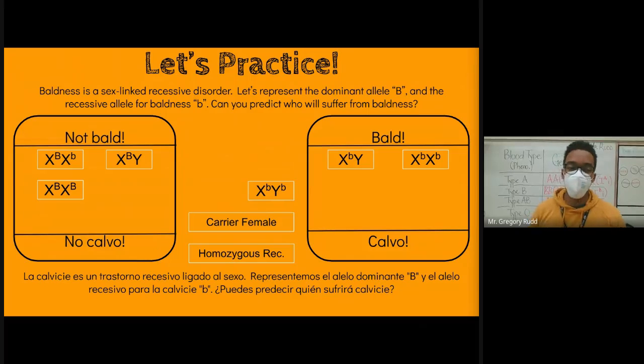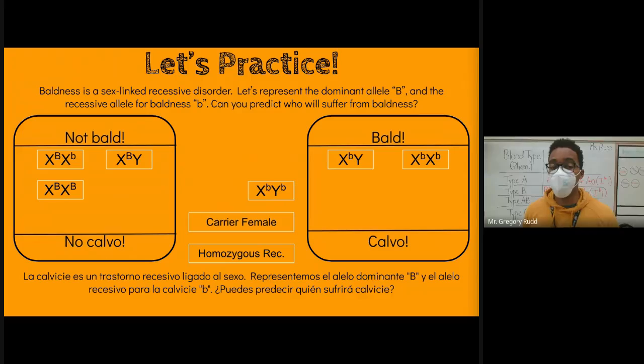You would think bald, but something's wrong here. What's wrong with this? Oh, there's a b after the Y. Exactly. There's a lowercase b after the Y. Why is that wrong? Because it's a male, and say what you just said, Ayana.